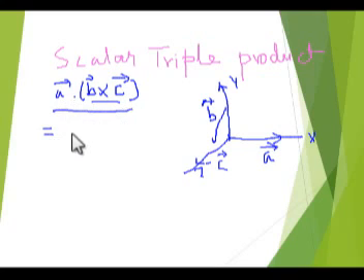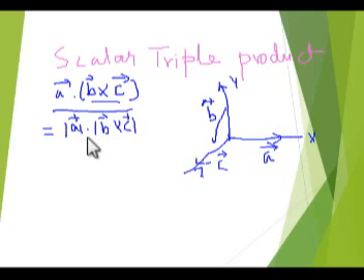So what will be its magnitude? We know that it will have the modulus of A vector, modulus of B vector, and modulus of C vector, and between them it will make an angle.